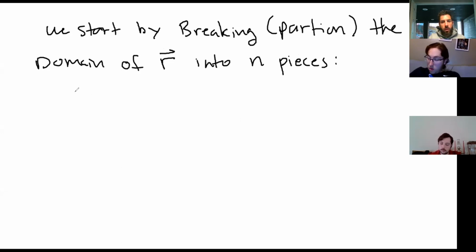So let's say the domain is [a, b]. Well, then you have, what is t? Well, you have a equals t_0, and then you have t_1, and then t_2, all the way up to t_n, which of course we're going to call b.